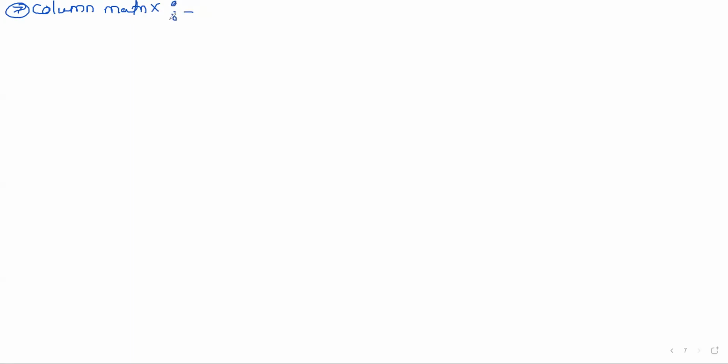So a matrix having a single column is called a column matrix.